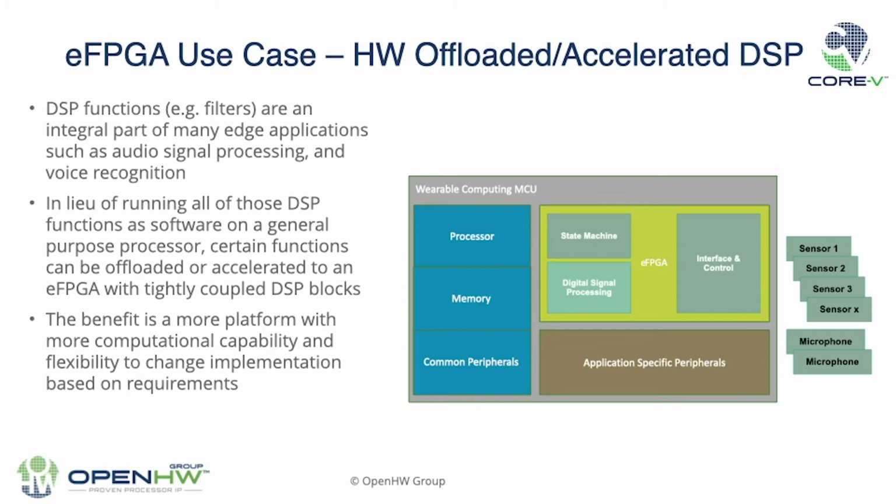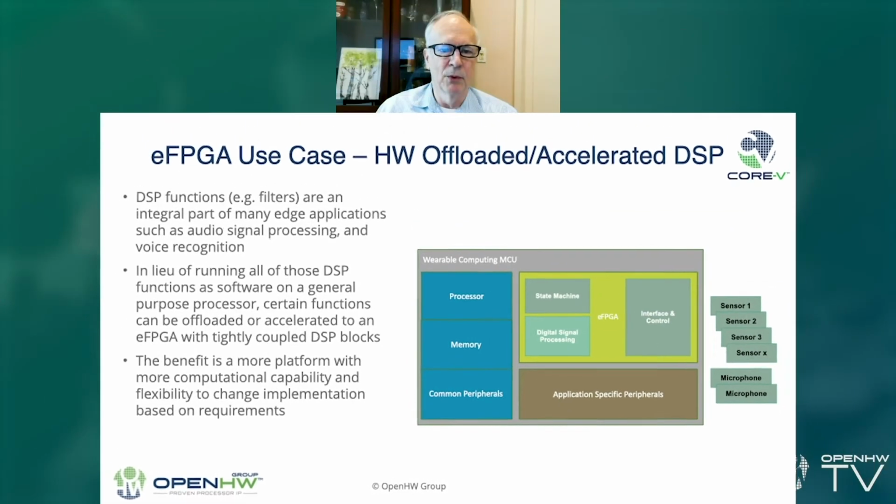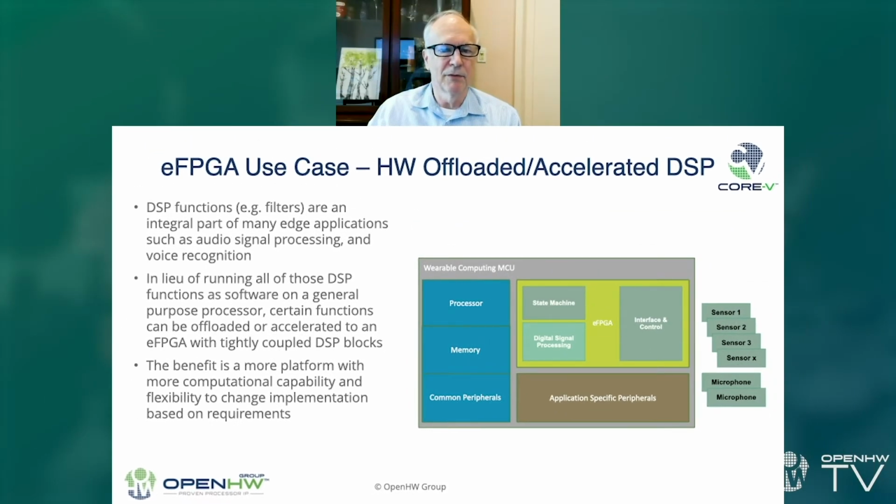So in lieu of running all of the DSP functions in software on a general purpose processor, what you can do is offload some of them to the eFPGA with its tightly coupled digital signal processing blocks. So data comes in, say from a microphone, gets filtered, and then is fed to the RISC-V processor. The benefit is more computational capability, so the RISC-V processor is left free to do other things like the voice processing or accessing the internet or whatever else has to be done.